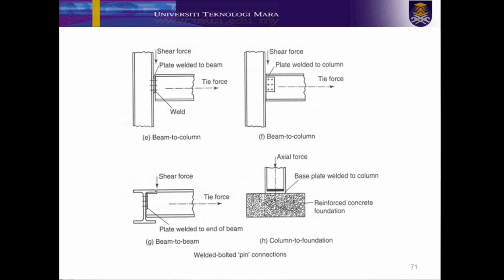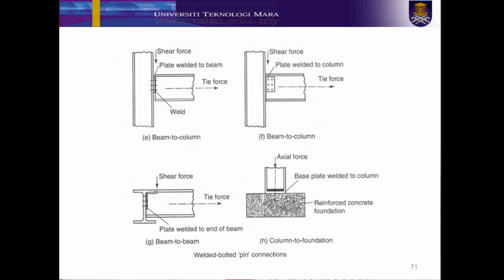So here are all the examples of typical connections, but for the sake of examples, I'm not going to show or explain in detail every type of the connections, because they are all using the same concept. So therefore, in these examples, I choose one of them, which we consider as typical connections.